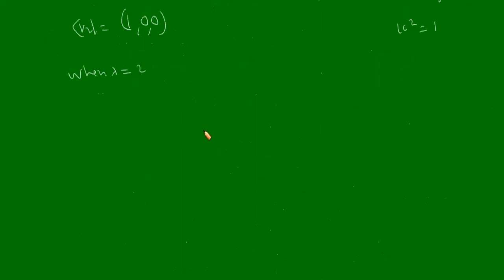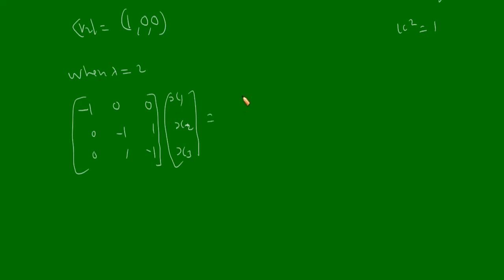So when lambda is equal to 2, our equation will be minus 1 0 0. Again here you have minus 1 1 1. The rest elements 0. So this into x1 x2 x3 is equivalent to 0, that is 0 0 0.